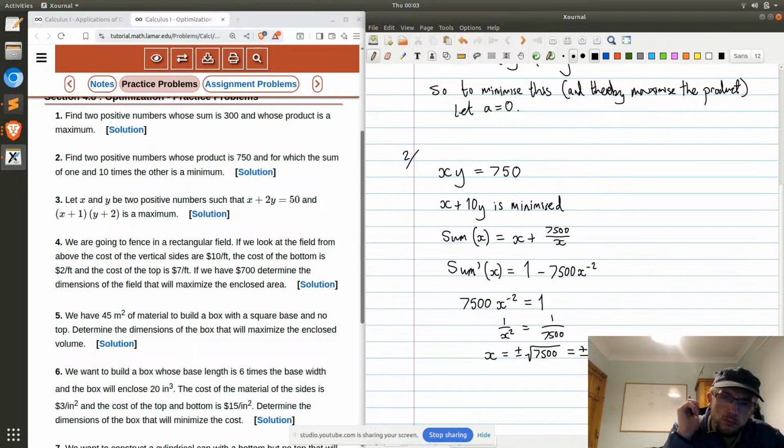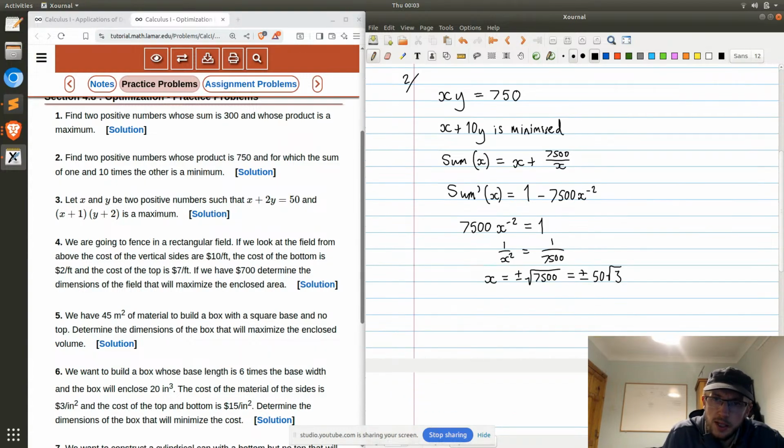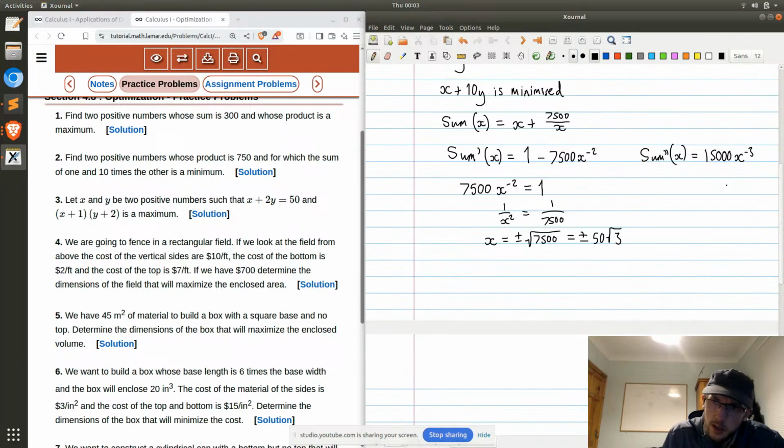Problem. You don't know if it's maximum or minimum, do you? So, differentiate again. Double prime. 15,000 x to the minus 3. You plug them into there and you will see.